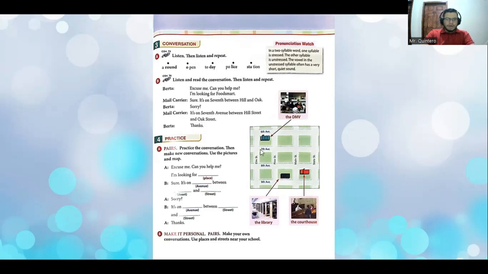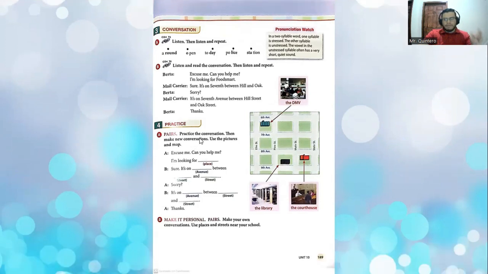Thanks. So, we have this activity: practice the conversation, then make new conversations, using the pictures on the map. For those cases, we have the DMV. Excuse me, can you help me?